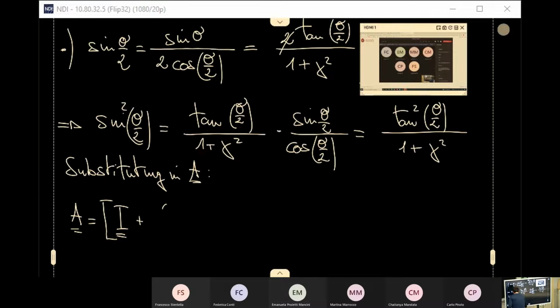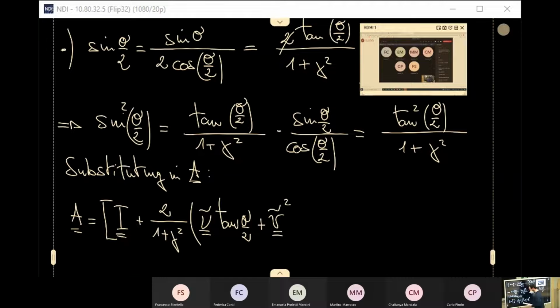Plus 2 over 1 plus gamma squared, which multiplies mu tilde times the tangent of theta divided by 2, plus what we have called basically v squared times the tangent of theta divided by 2 squared.